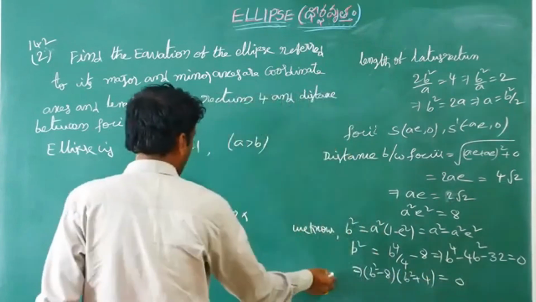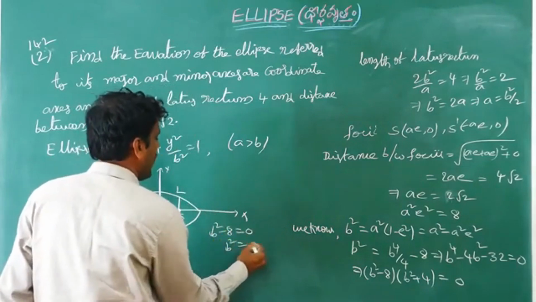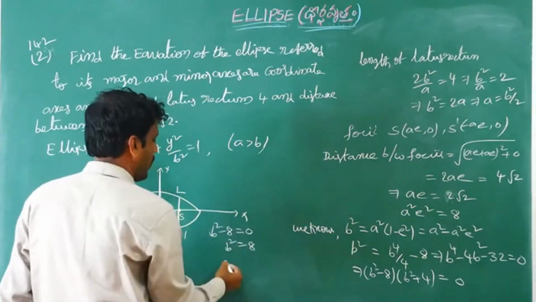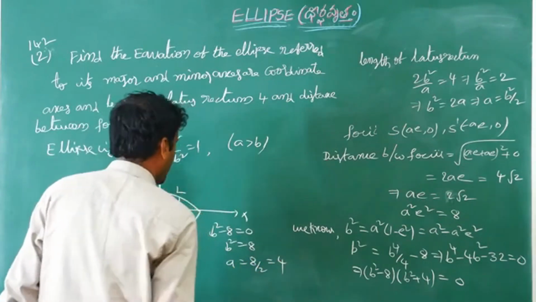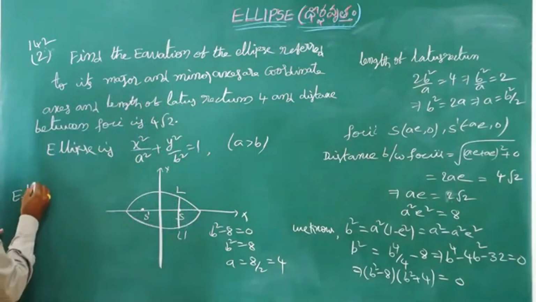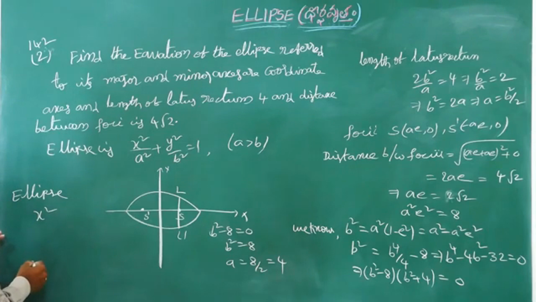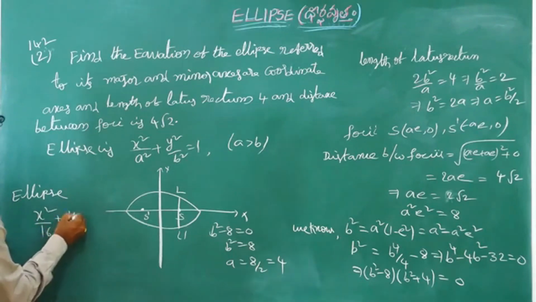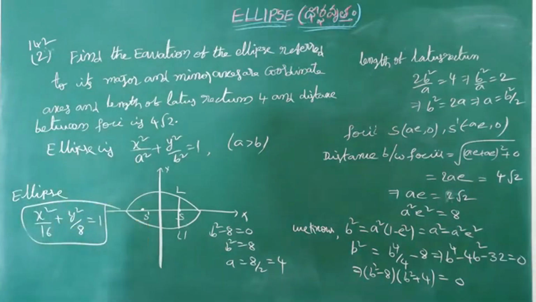That implies b square minus 8 equal to 0, b square equal to 8, and a equal to b square by 2, that is 4. Therefore, the required ellipse is x square by 16 plus y square by 8 equal to 1.